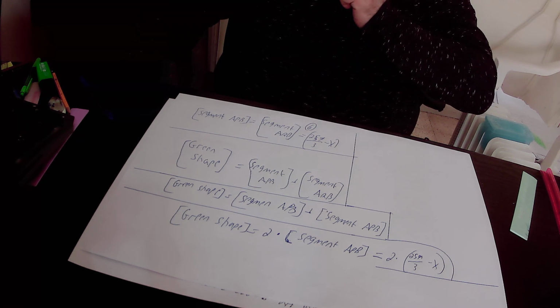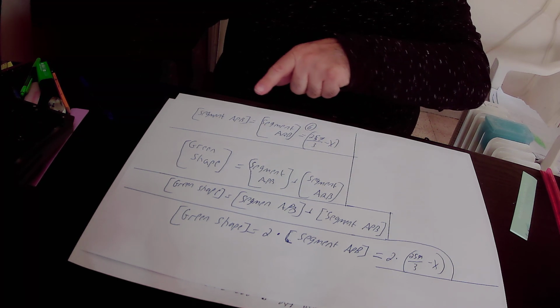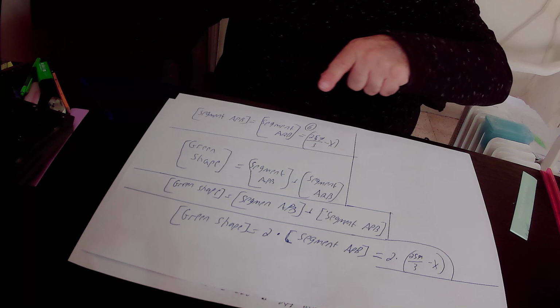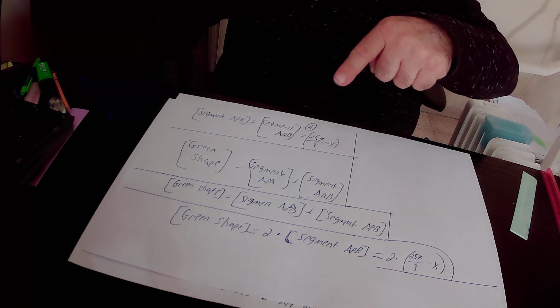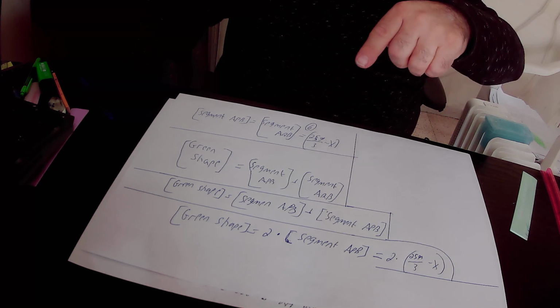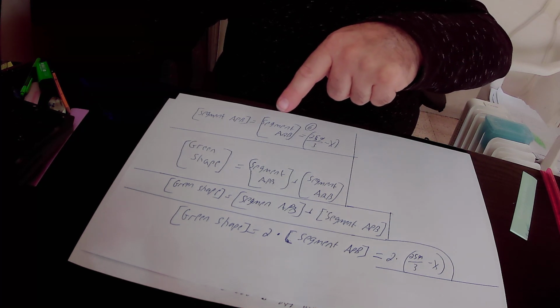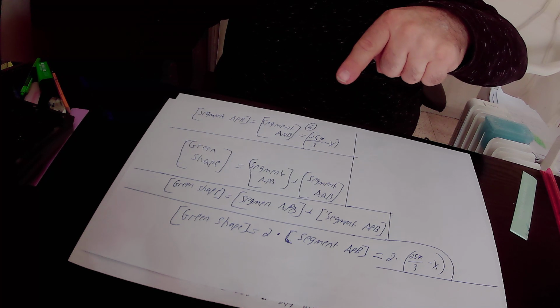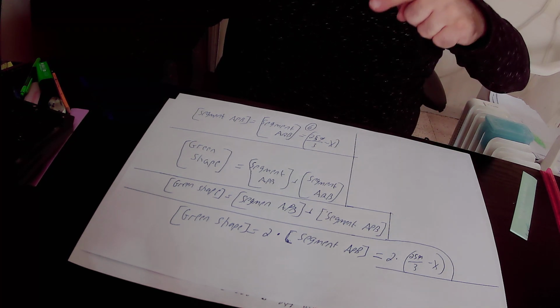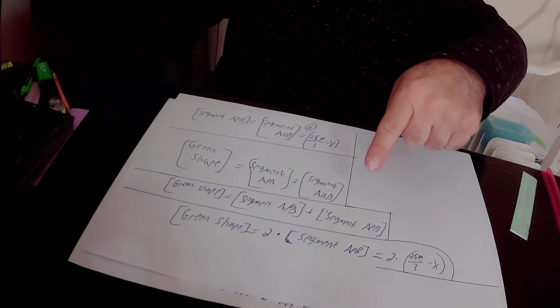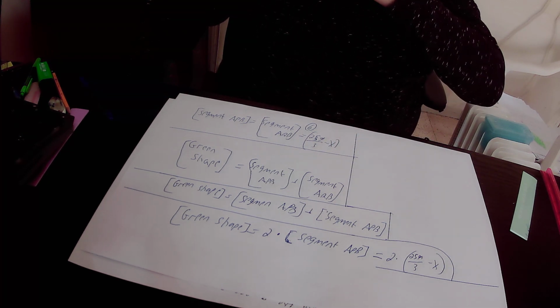But because the area of segment APB equals the area of segment AQB, we can substitute the area of segment AQB by the area of segment APB. We got that the area of the green shape equals the area of segment APB plus the area of segment APB. That is to say, the area of the green shape equals 2 times the area of segment APB.